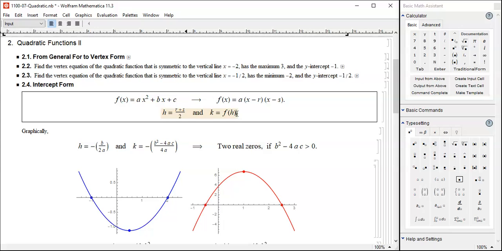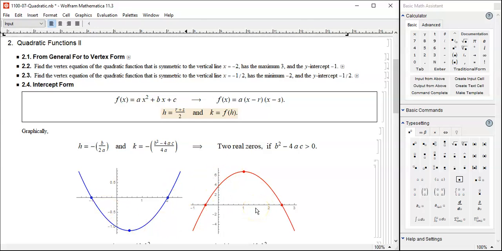So if you have r and s, we automatically have h as the average of the two, and k follows from the function value at h, because whenever you have the x-coordinate value here, you can find the y-coordinate by plugging it back into the function and then calculating the y-coordinate value. So if you have r and s, automatically we have h, and then with a bit of trouble we can find k as well.